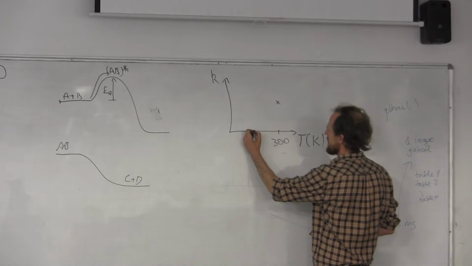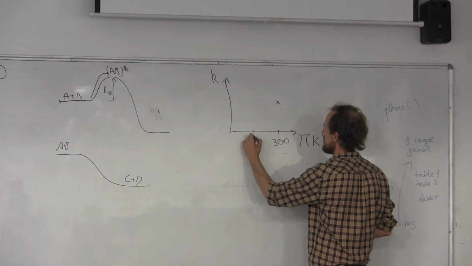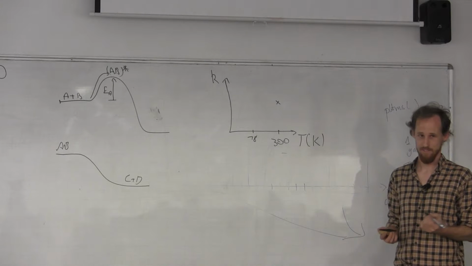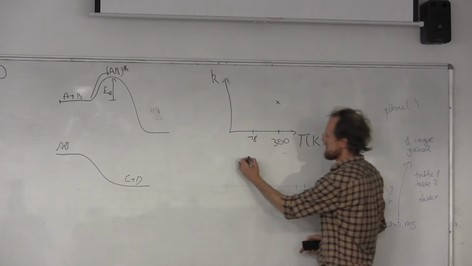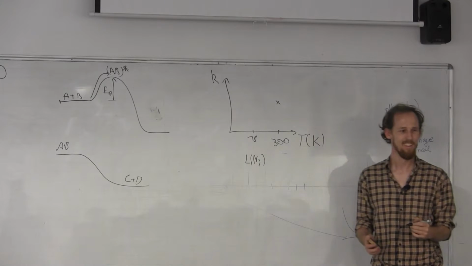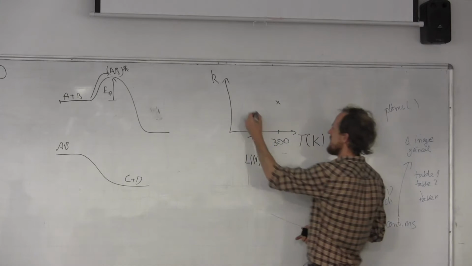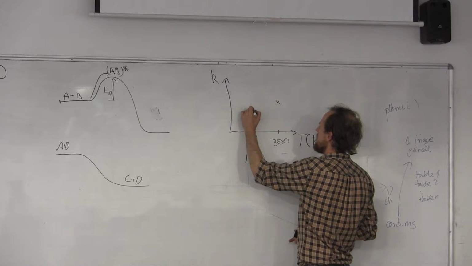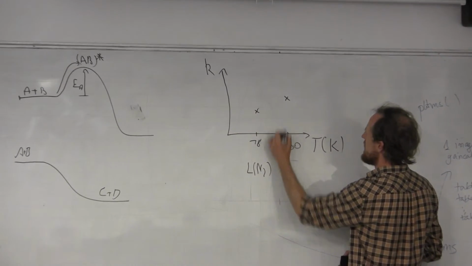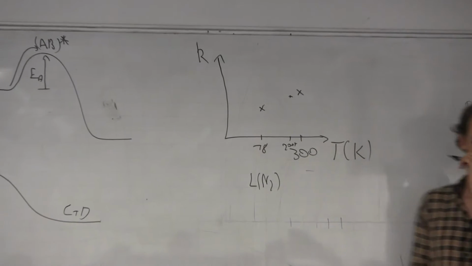And sometimes they measure one at 78 Kelvin, which, if that's right, is the temperature at which nitrogen becomes liquid. So you can measure a rate at that temperature relatively easily, maybe a bit lower. And they might have managed one at 200 Kelvin, and that's it.